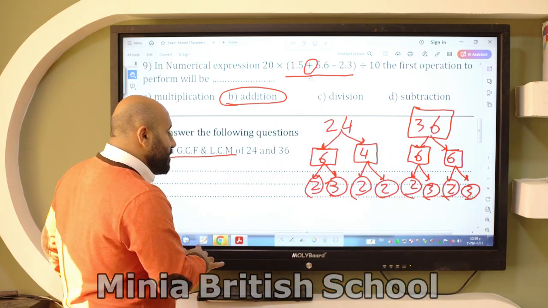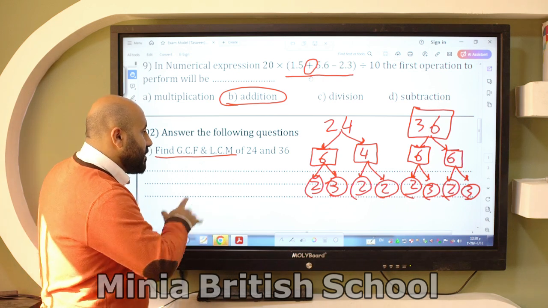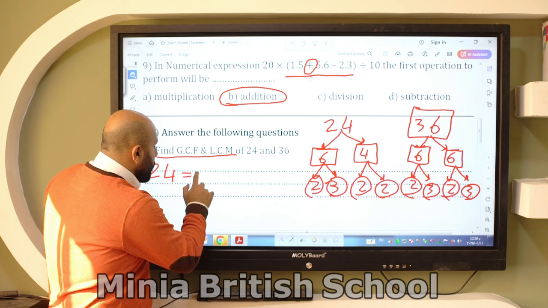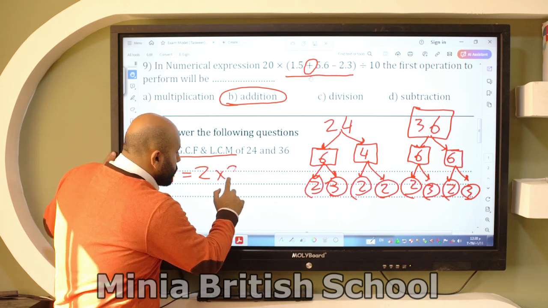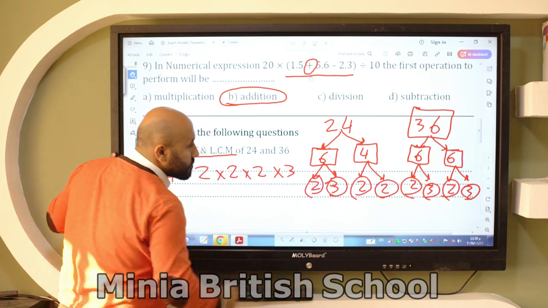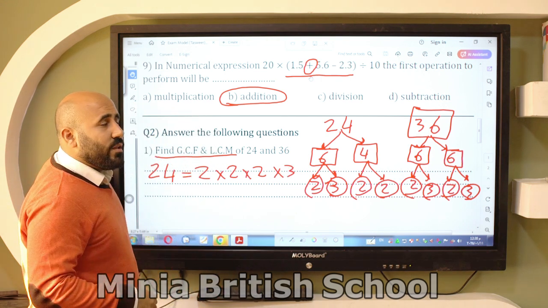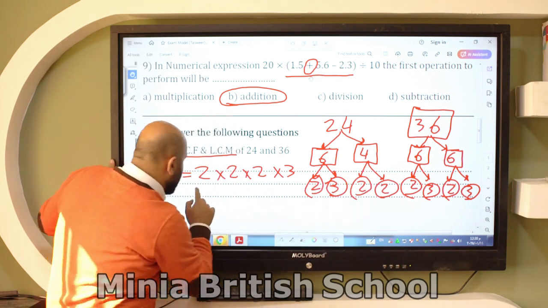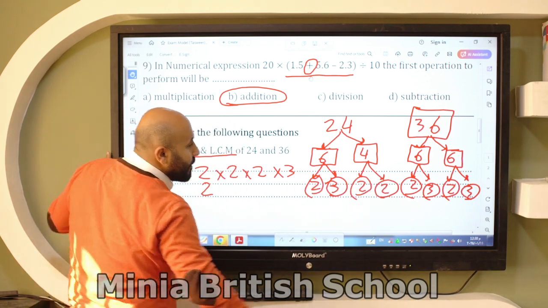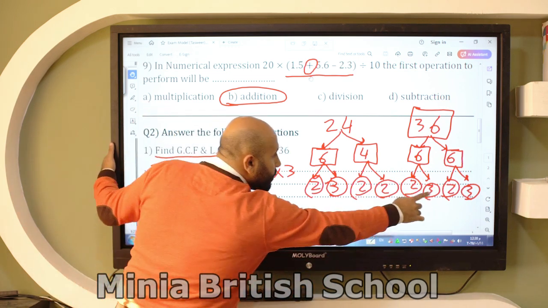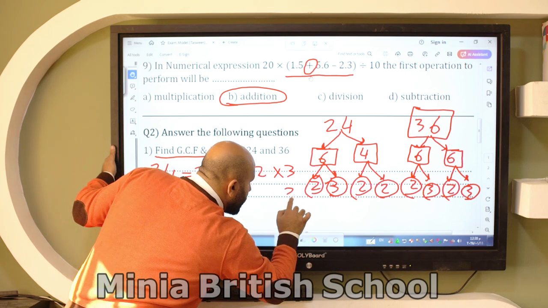Let's organize them and find the GCF and LCM. As you see, 24 equals 2 times 2 times 2 times 3. What about the 36? We have 2 the same. The second 2 the same. The 3 and the 3.